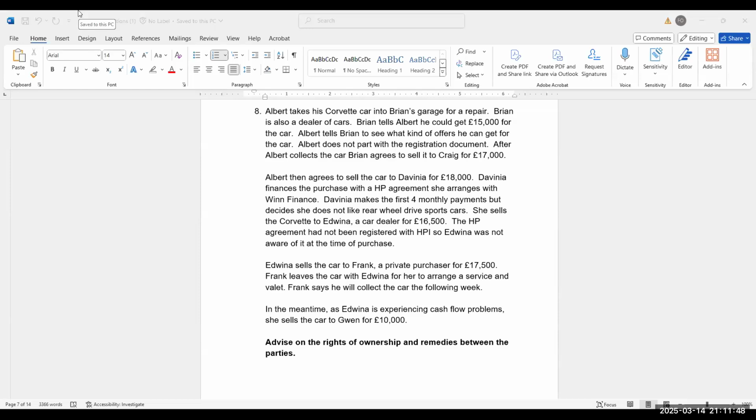So moving on from that, we argued earlier that Gwen could obtain good title as a second buyer when it's a sale by a seller in possession, as long as the Corvette was delivered to her and as long as she was a buyer in good faith. We raised the issue that she might not have bought in good faith because she paid 10,000.